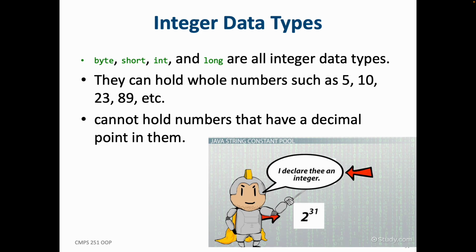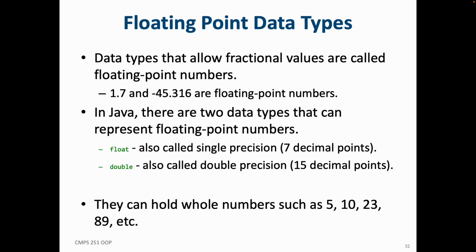And again, if we want to keep only whole numbers like 5, 10, 100, then we can use byte, short, int, or long. But if we need a decimal number like 2.5, 3.17, and so on, then we can go with either float or double. Now, what is the difference between these two?